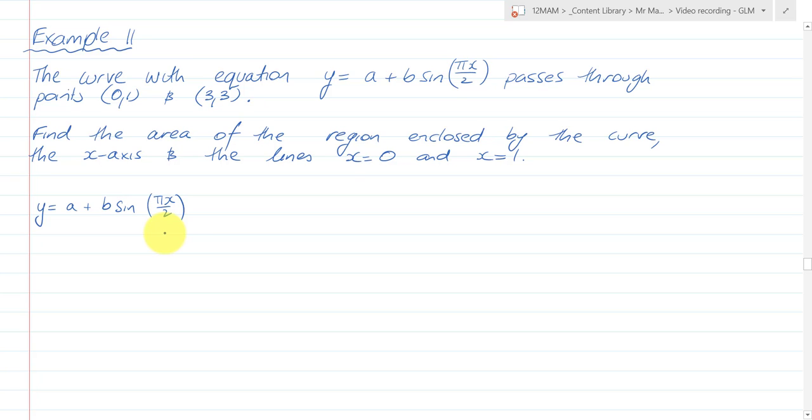Now (0, 1) and (3, 3) might represent important points, but we don't know whether one of them is a peak or whether they're in the middle of the curve. So our best bet is to consider them to be just points, and we can get some simultaneous equations that we can solve.